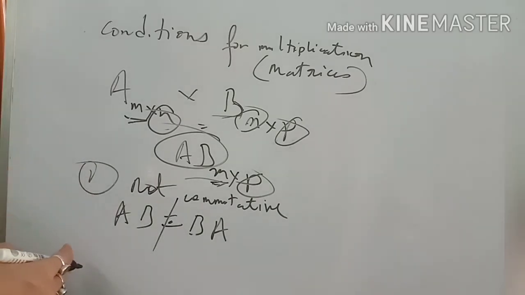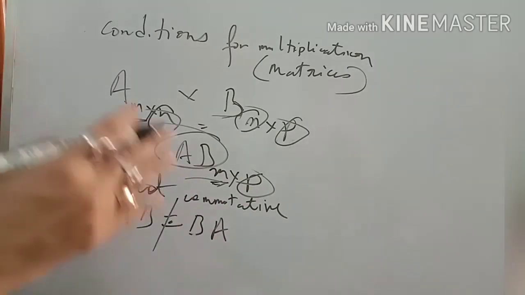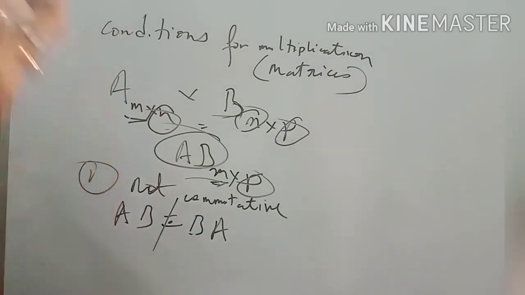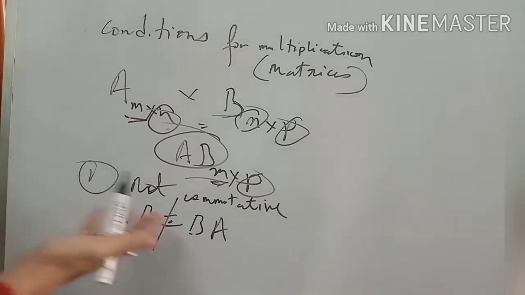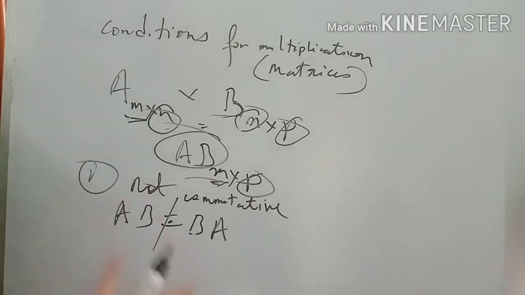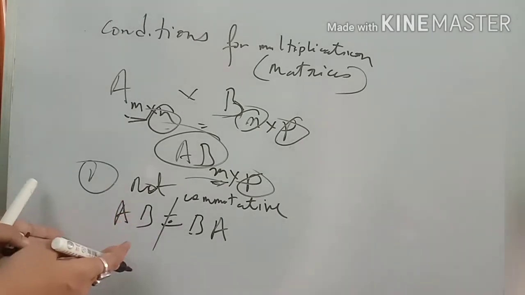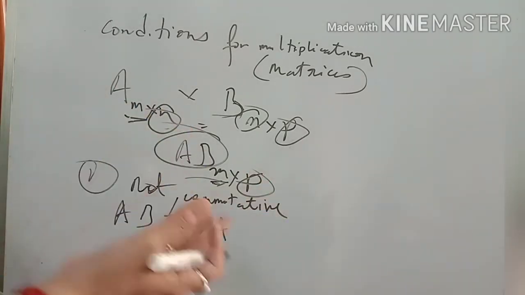They might be equal, might not be equal, but AB equals BA is not guaranteed. It cannot be guaranteed. If the elements of A and B and the orientation are the same, in that case we can get the same answer. Suppose A contains elements 1, 2, 3, 4. B also contains 1, 2, 3, 4.